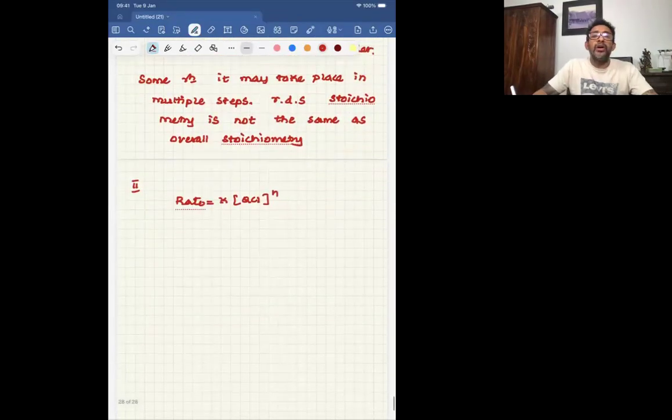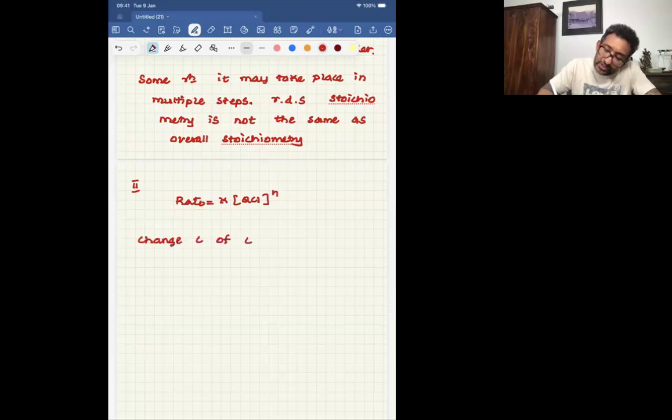First, you need to change the concentration of QCl and prepare 5 solutions.